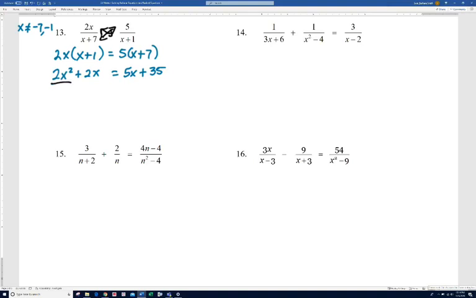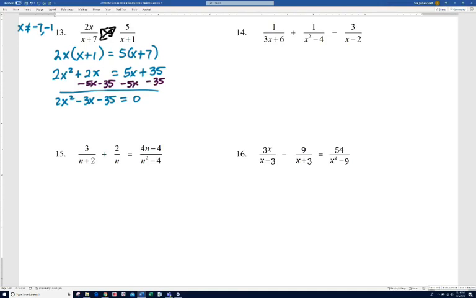Normally I like to keep my x squared term if it's positive, so we'll get rid of the terms on the right. We'll subtract 5x on both sides, and we'll also subtract 35 on both sides. On the left, we get 2x squared minus 3x minus 35, and on the right, that's equal to 0.